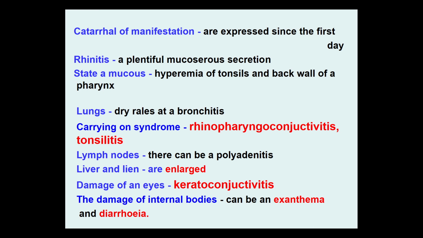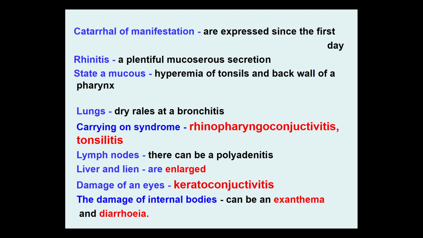In the lungs, dry rales in bronchitis. It may be rather often, carrying syndromes: rhinopharyngoconjunctivitis, again nose, pharynx, tonsils, conjunctivitis, plus tonsillitis. Lymph nodes can be polyadenitis, generalized lymphadenopathy may be, or just in several groups.